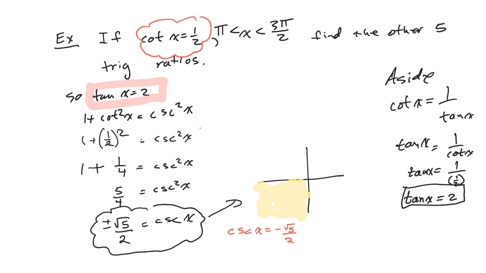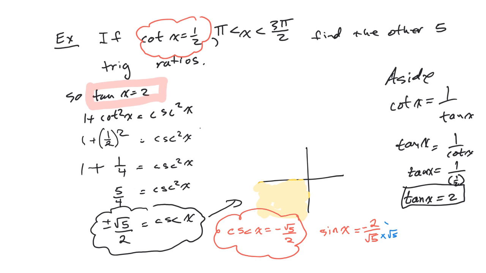And since cosecant is 1 over sine, that means we just say the following to basically kill two birds with one stone. We have sine of x is going to equal negative 2 over the root of 5, for which we have to get rid of that radical on the bottom.